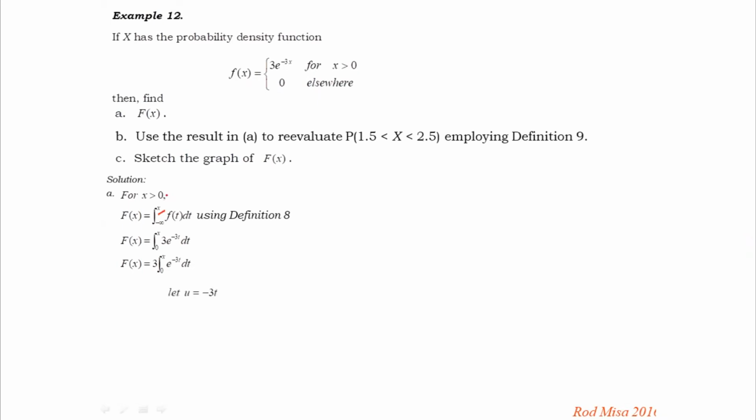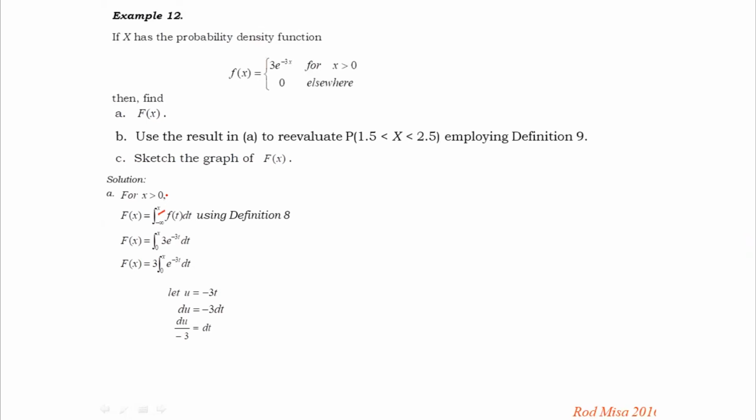And representing this negative 3t as u, we can solve for the differential of u, which is negative 3 dt. But we don't have negative 3 in our integrand, so we divide both sides of the equation by negative 3. So this is du over negative 3, and this is our value of dt.